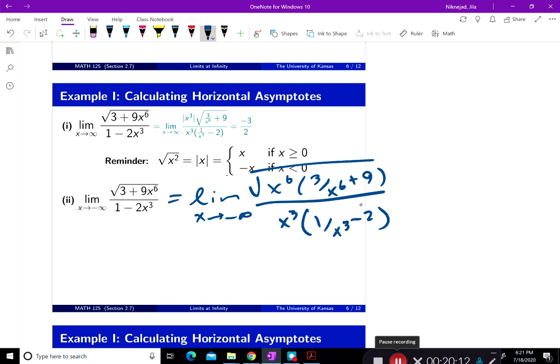And then if I take the x to the 6 outside the square root and write it as x cubed, we have a base that is negative. So how to fix this is to remember that the square root of x squared is just the absolute value of x. So that's how I bring it outside. So it's going to be the limit, see, as x goes to negative infinity, that one is negative.